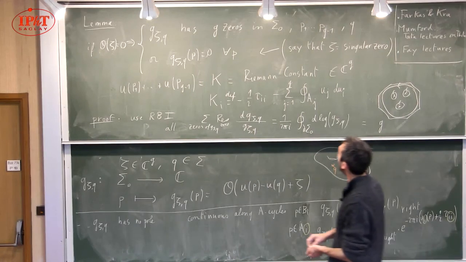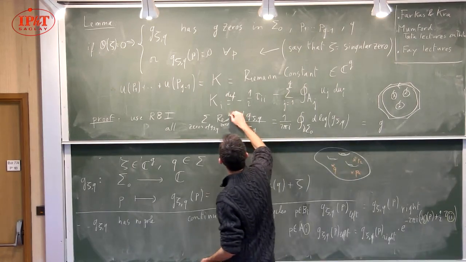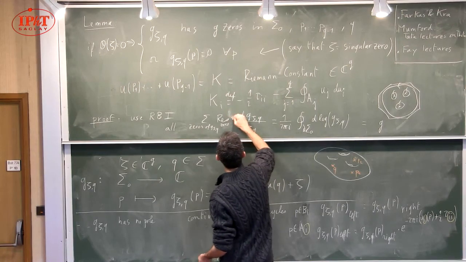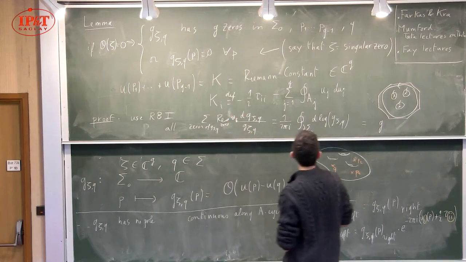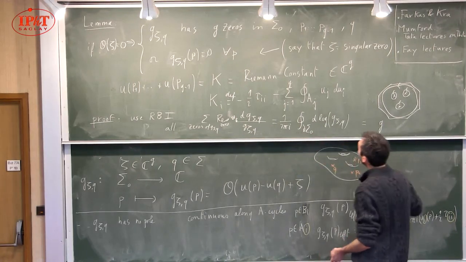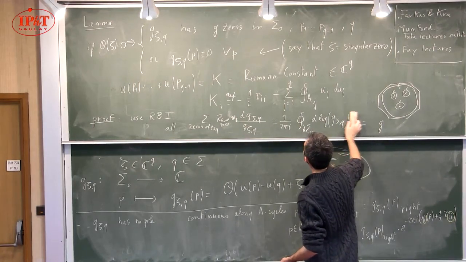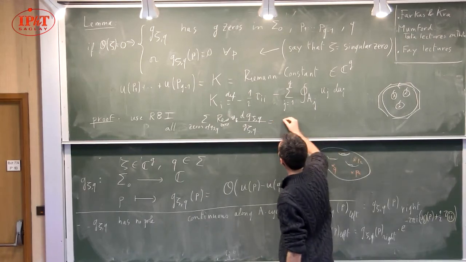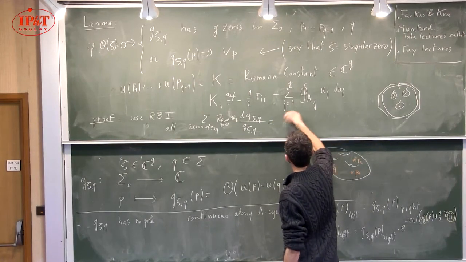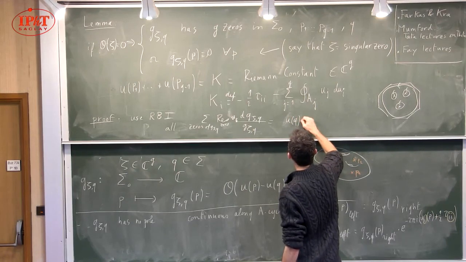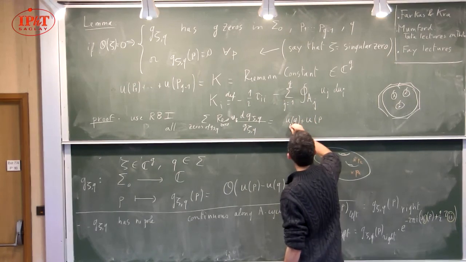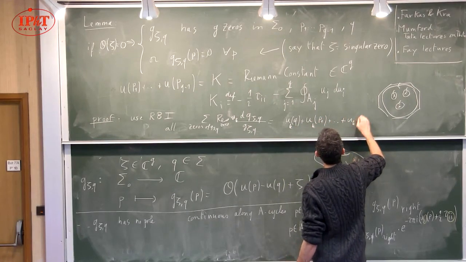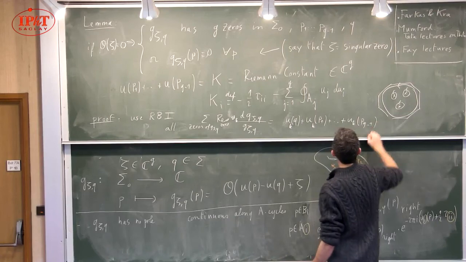Well, you just multiply by u_k. And this will just give, by definition, the sum u_k(q) plus u_k(p1) plus ... plus u_k(p_{g-1}).